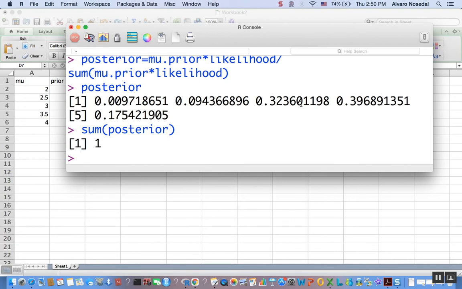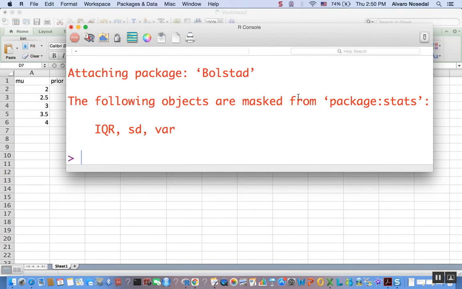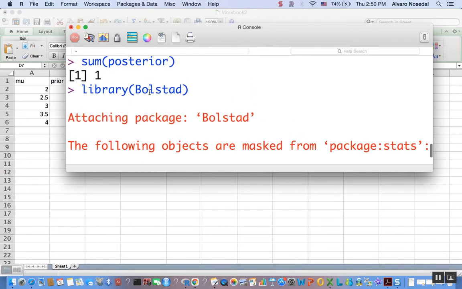Now we also know that the authors of our textbook created an R package, a library. So let's try and compare what you would get if you used that R package. First, I am assuming that you already installed the R package Bolstad.